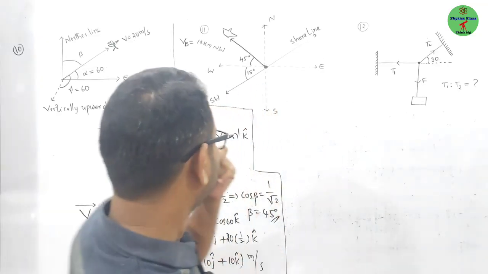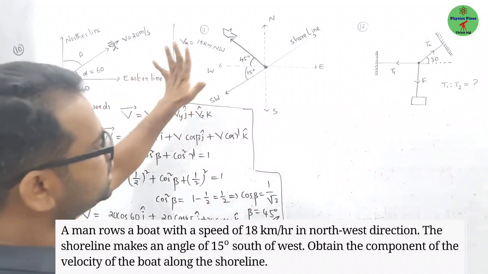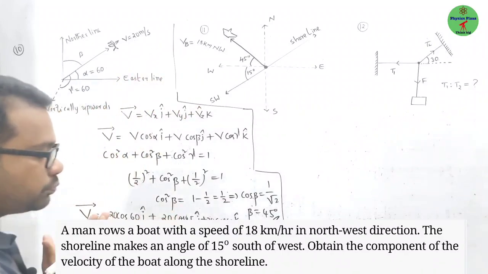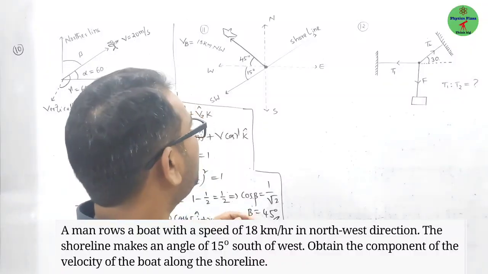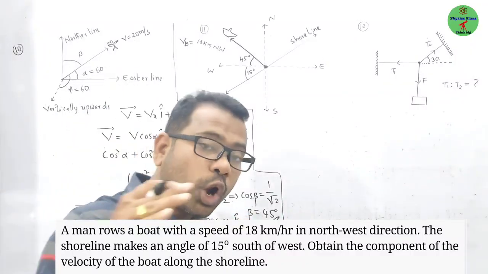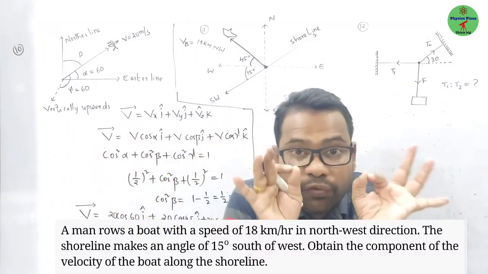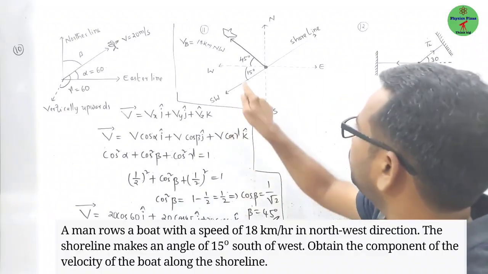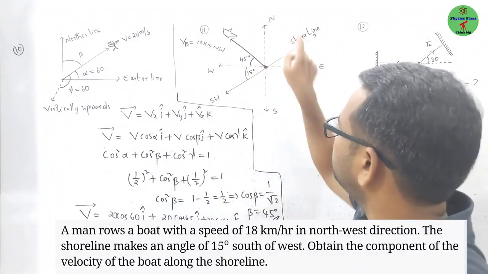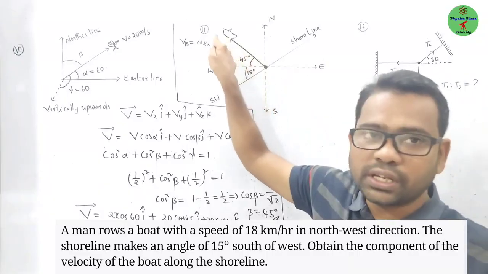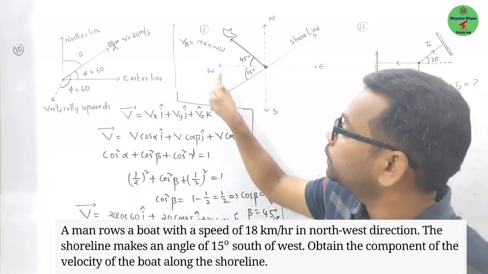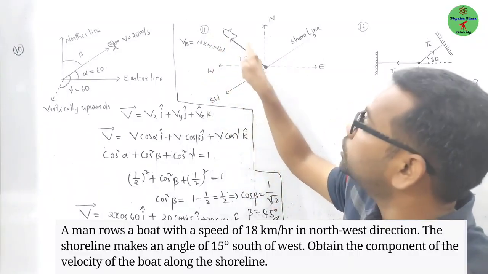Okay, fine. Chalo. So as per the numerical, children, it is given that one boat is moving with 18 km per hour along the northwest. Yes. So first you make east, west, north, south. So northwest means this only. Undoubtedly it is northwest only. It makes 45 degrees with west, 45 degrees with the north.